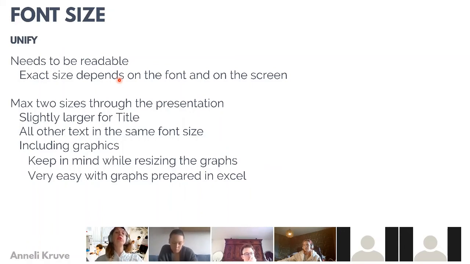Also, try to unify the font size for your text and for your graph, meaning that also in your graph, all of the text would be of the same size. It makes the graphs much, much more readable and also looking as if someone had actually thought it through when placing this data.